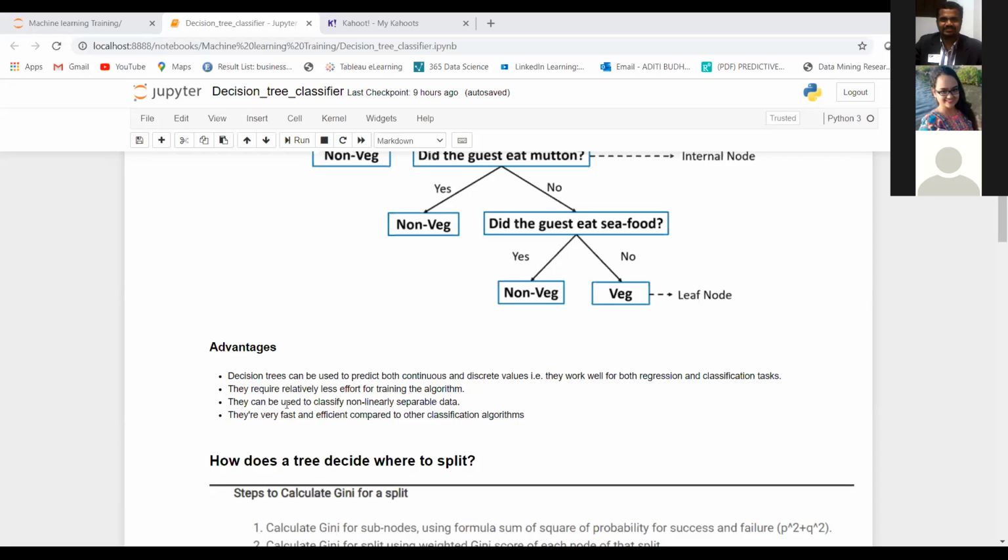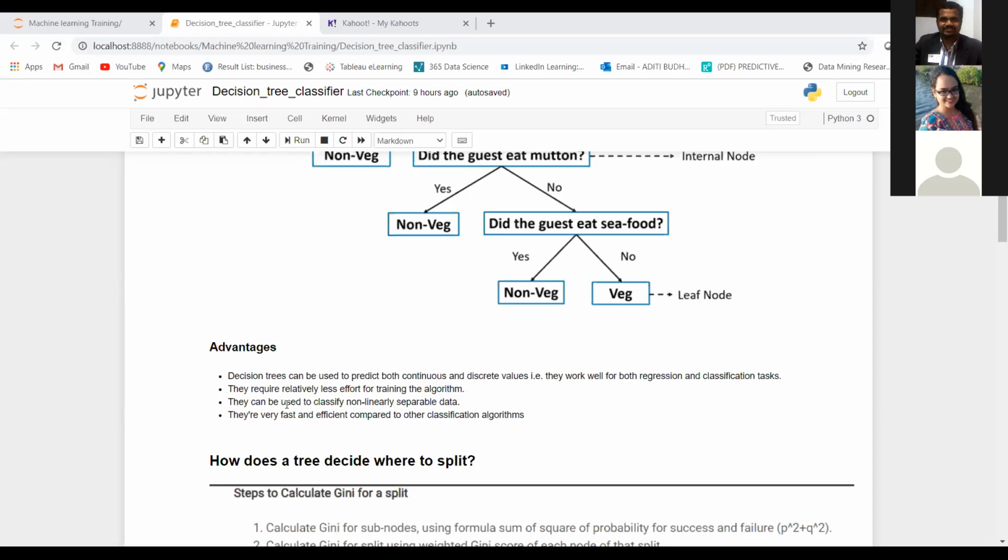If you remember, in linear regression we had the disadvantage that if your data is not linearly separable, you cannot use linear regression. But in decision trees, this is not a requirement. Even if your data is not linearly separable, that is, when you plot your data you cannot separate it with one line, even then you can use decision trees.